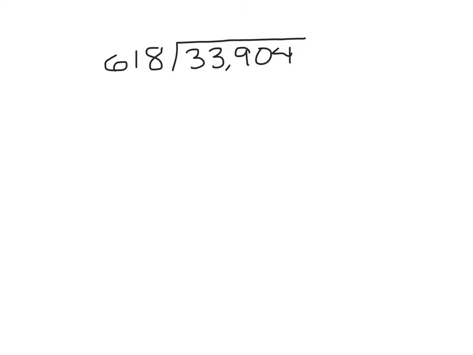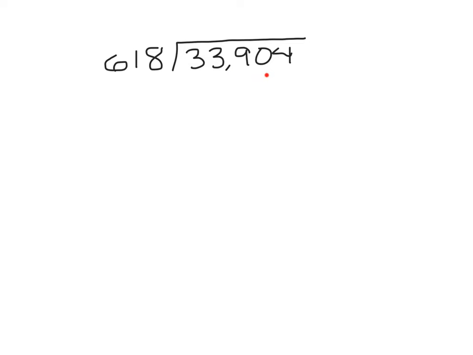Okay, now we're going to actually divide the problem out. I need to first figure out where my quotient begins. I have 618. It doesn't go into just 3 or 33. It doesn't even go into 339.